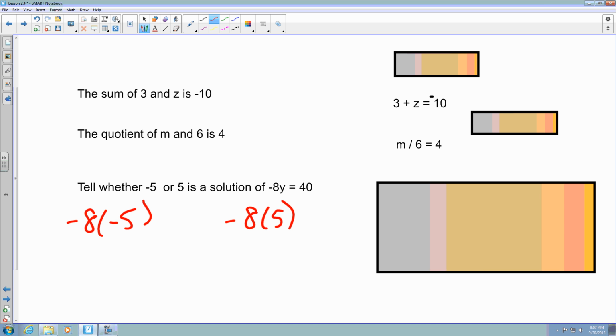We remember from previous sections that when you're dealing with multiplication, if the signs are the same, the result is positive. So this is going to be a positive 40. When the signs are different in multiplication, it's always going to be negative. So the answer to this one is negative 5, and it shows up in this statement here.